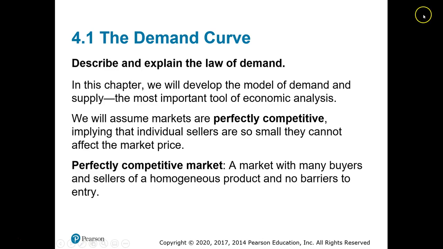The demand curve. The law of demand states that basically we have a model where we assume everything is competitive. And if that's the case, then everything that we do is associated with the price.